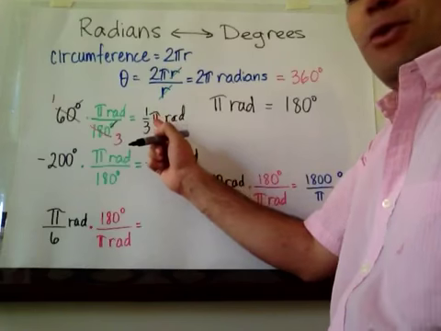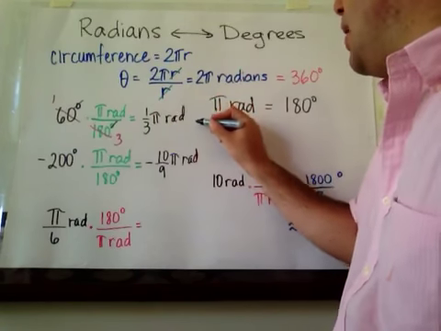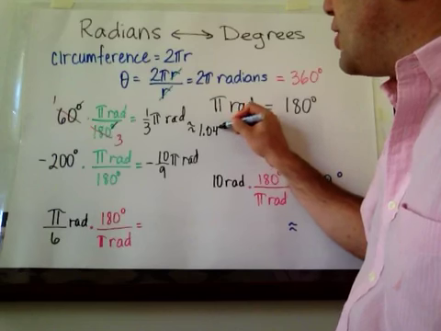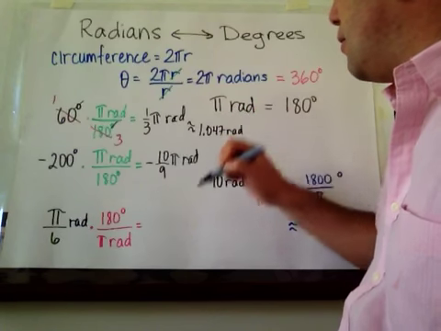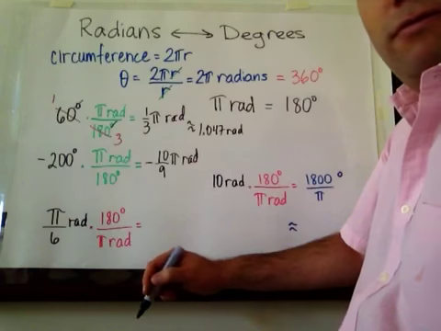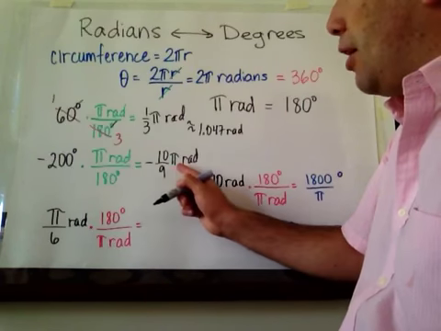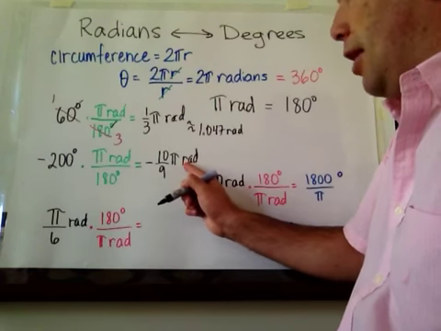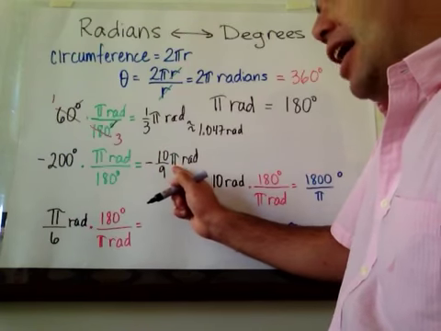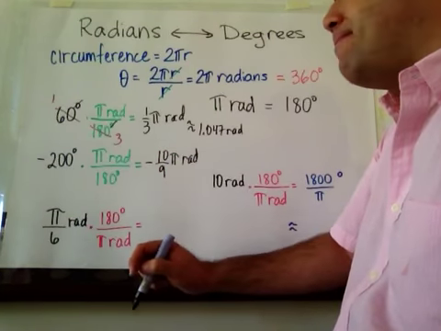When you pass this to a decimal, this is about 1.047 radians. And this one is about negative 3.491. Okay. Usually we will want the exact value, so we use pi.